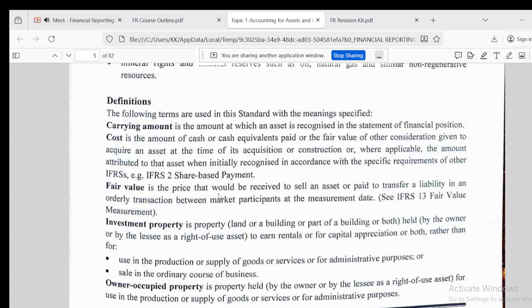So investment property is either land or a building, or part of a building, or both, held by the owner or by the lessee as a right of use asset.